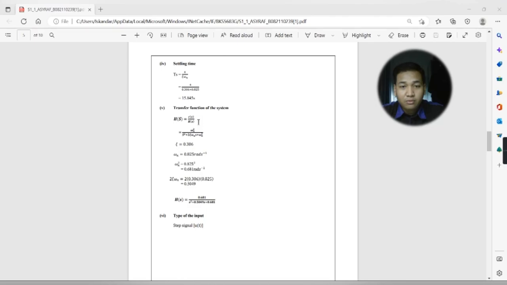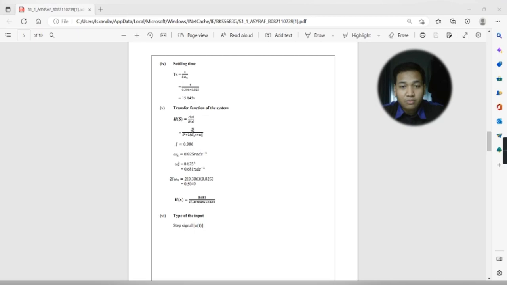And number 5 is the transfer function of the system. The transfer function for a second order underdamped system is omega n squared over s squared plus 2 times damping ratio times natural frequency times s plus omega n squared.